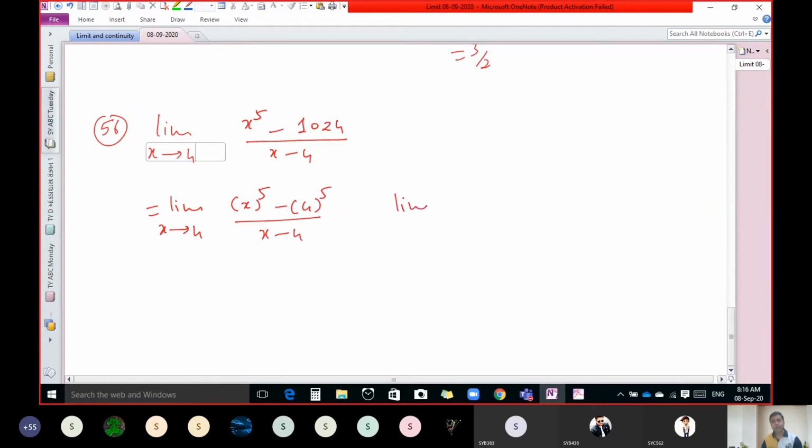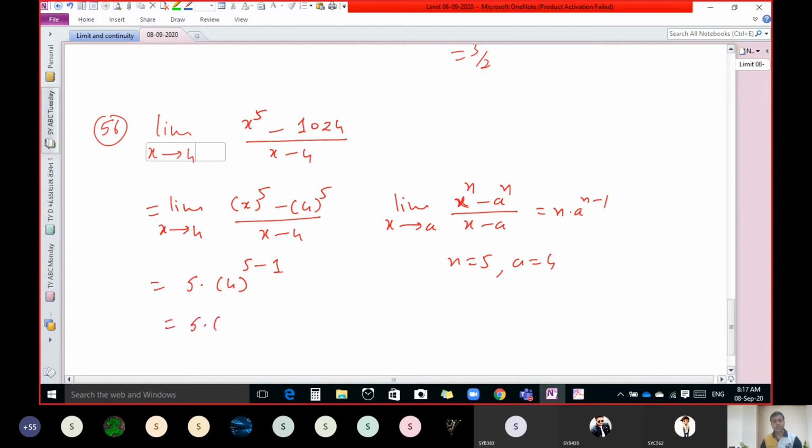And compare this with the result x raised to n minus a raised to n upon x minus a. So the answer is n into a raised to n minus 1. Here n equal to 5 and a equal to 4. So 5 into 4 raised to 5 minus 1.